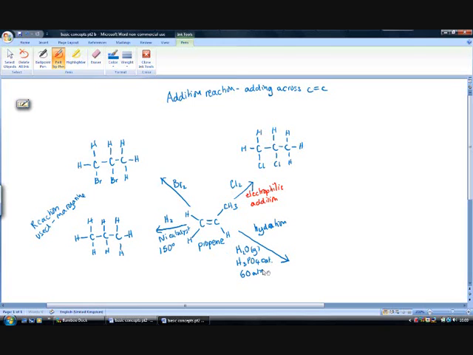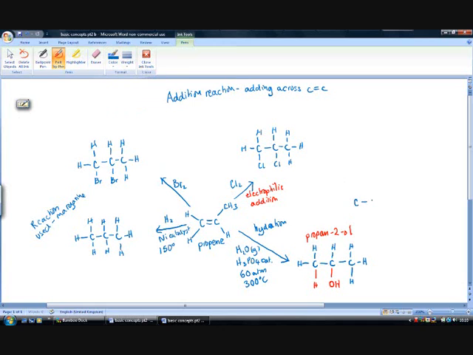Now you can do hydration of an alkene as well. You need water in the form of steam with phosphoric acid catalyst at 60 atmospheres pressure and 300 degrees Celsius. So it requires quite a lot of energy, this process. And you can actually end up with two products, because the OH could add on to the second carbon, as it has done here, to produce propan-2-ol.